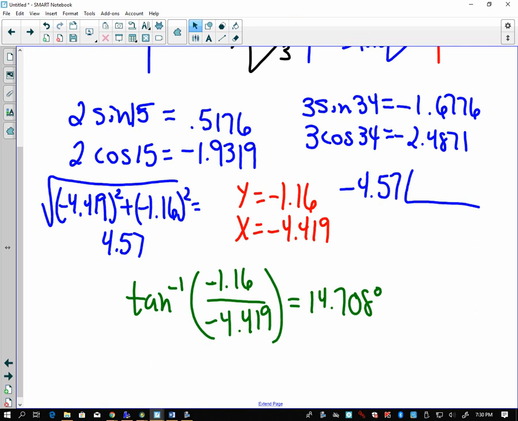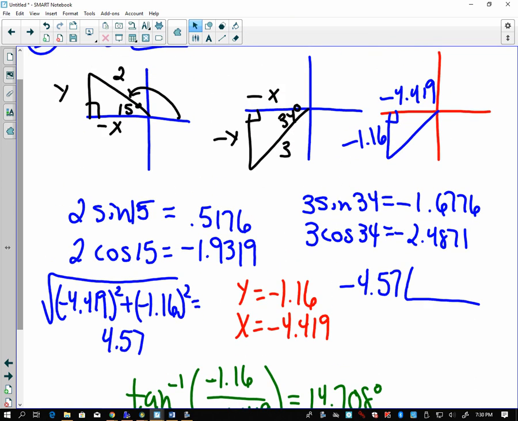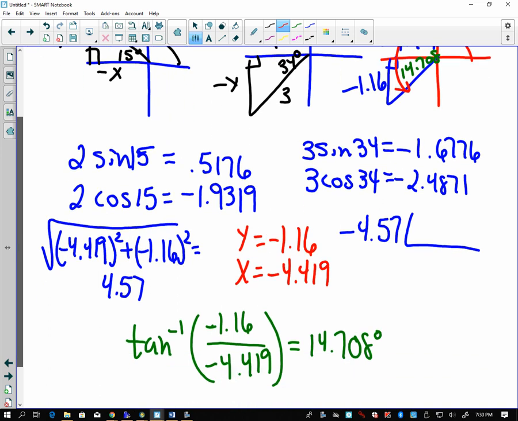Now, all that means is that this is 14.708 degrees. What they're looking for is the distance from here to here in degrees. So we add 180 to it, and we get 194.71 degrees. Okay, and that's our answer.